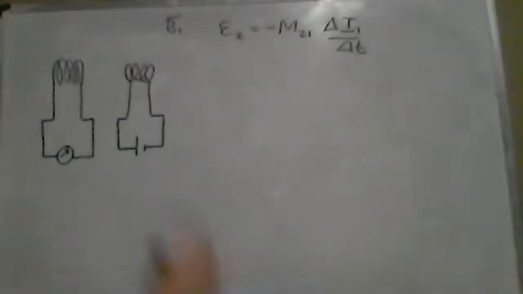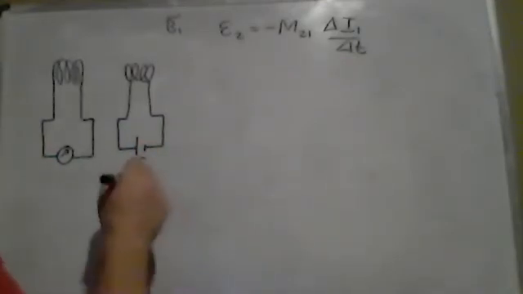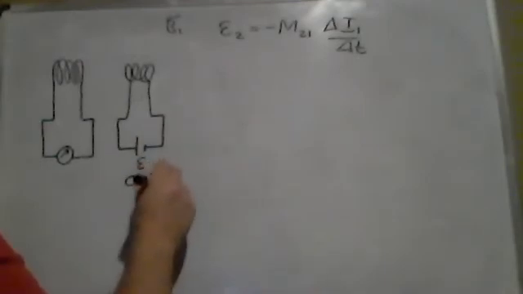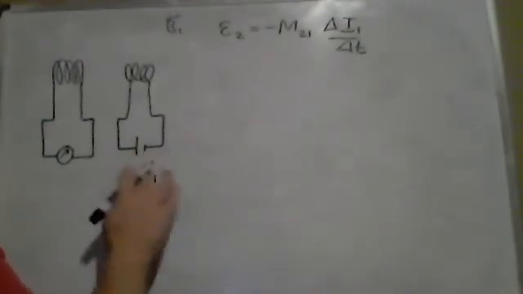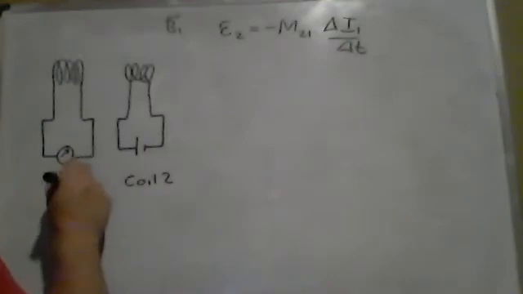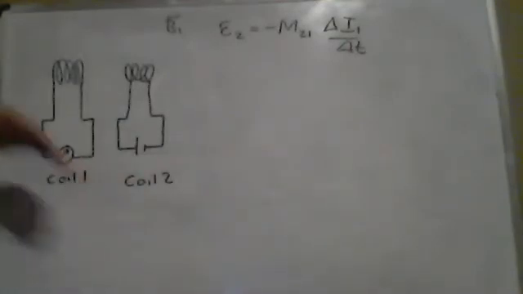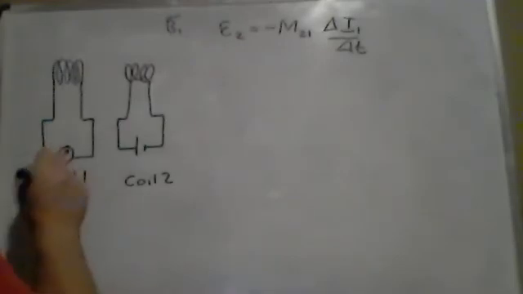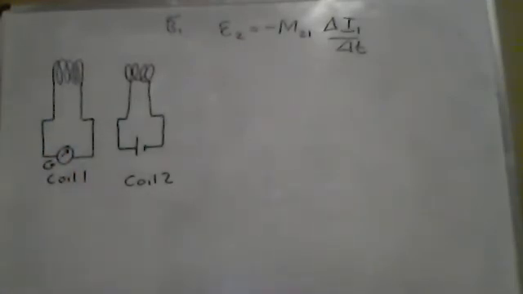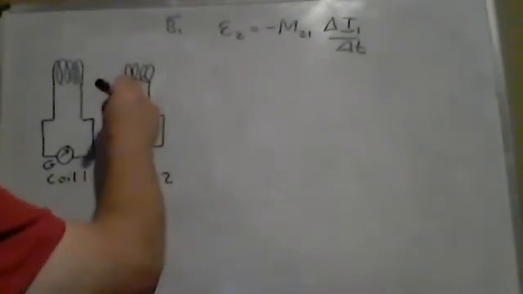So now we have coil 2 and coil 1. Coil 2 now has a battery. Coil 1 just has a galvanometer. And of course, we now will have a current I2 in coil 2.